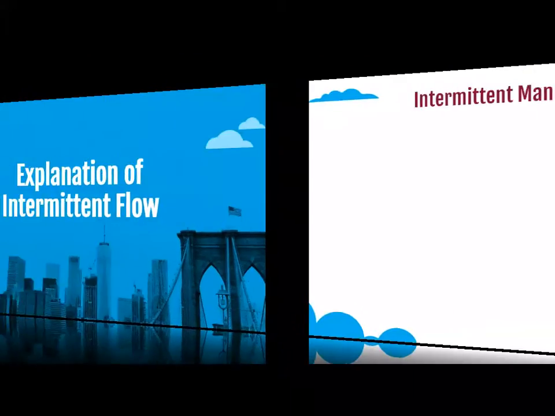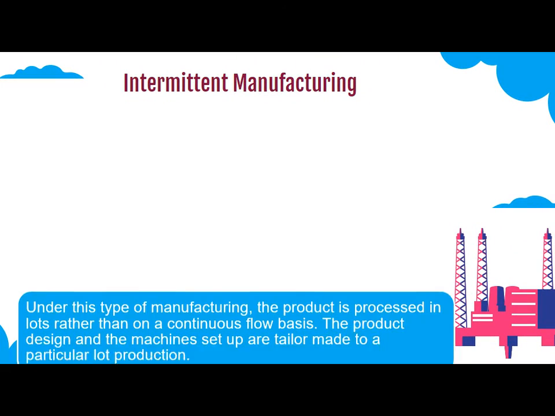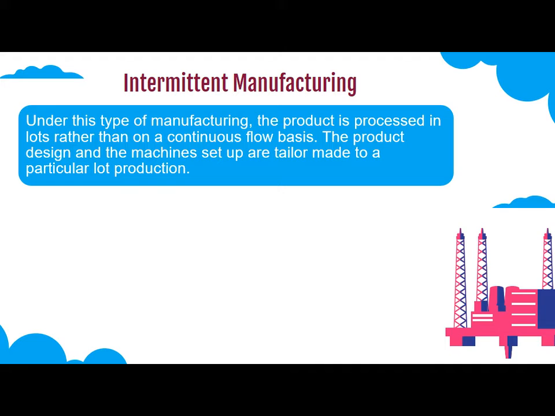Explanation of intermittent flow. We will try to understand intermittent manufacturing. Under this type of manufacturing, the product is processed in lots rather than on a continuous flow basis. We have seen the concept of continuous flow in my previous lecture.